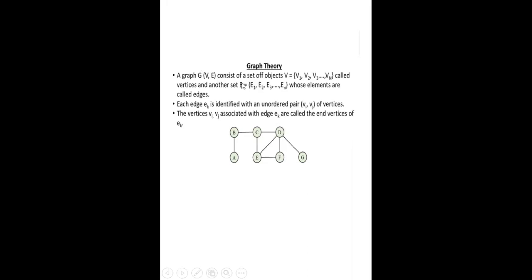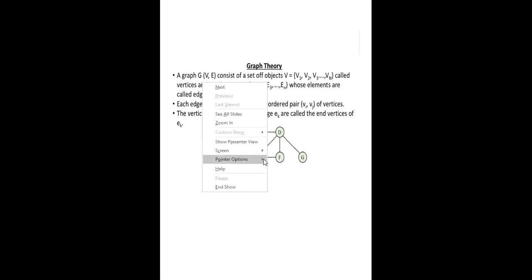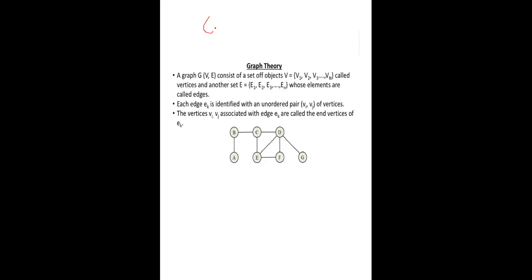So basically, a graph is represented by the symbol G. In G, there are two sets, which are represented by capital V and capital E, where V represents the set of vertices and E represents the set of edges.